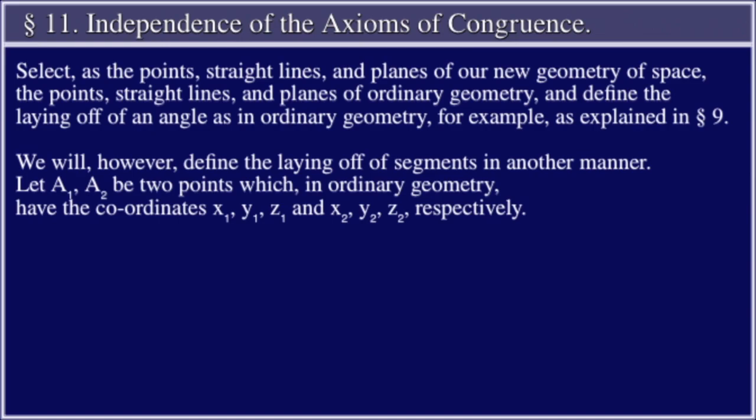Let a sub 1 and a sub 2 be two points which, in ordinary geometry, have the coordinates x sub 1, y sub 1, z sub 1, and x sub 2, y sub 2, and z sub 2, respectively.